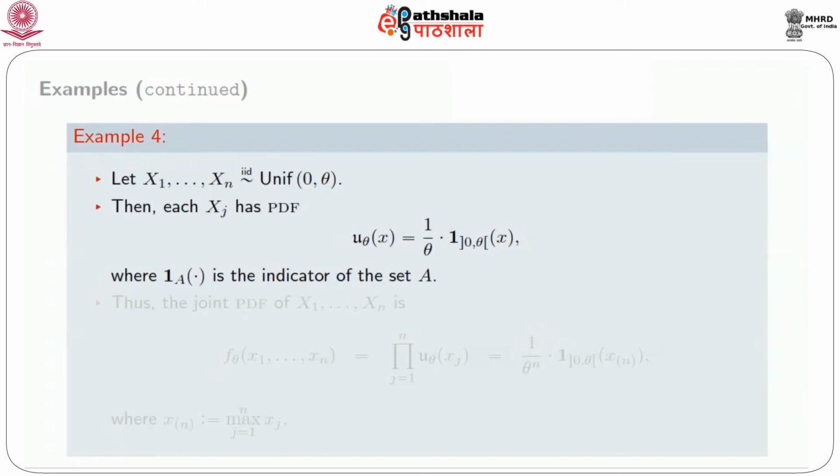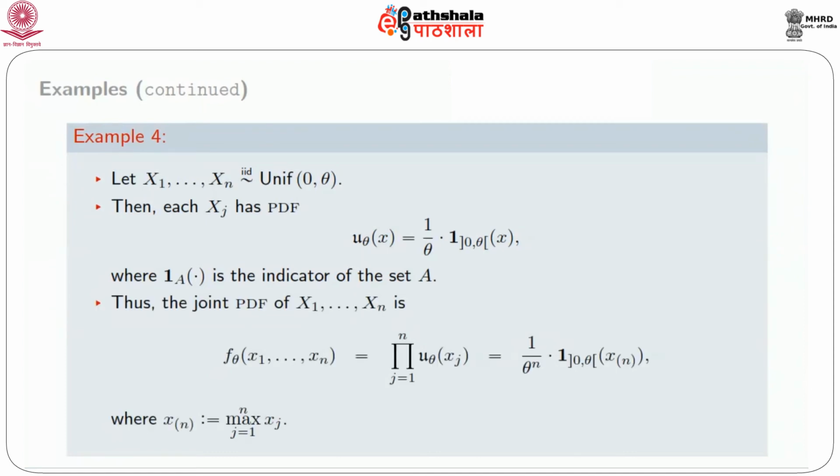We write this using the indicator function 1_A as the indicator of the set A. Then the joint PDF of x1, x2, ..., xn is given by f_theta(x1, x2, ..., xn) equals product over j from 1 to n u_theta(xj), and this is actually 1 by theta to the power n into the indicator 1 of x_(n).